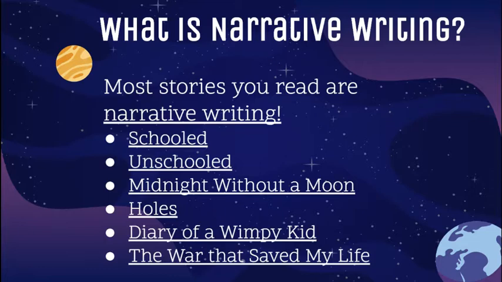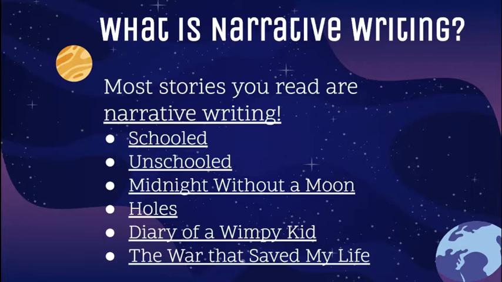So some examples of narrative writings that we've read this year include the book Schooled. We learned the story of how Capricorn Anderson went from that kind of hippie commune to school and learning how to act like a modern day student. We read this book Unschooled with our two friends who are competing during field day.